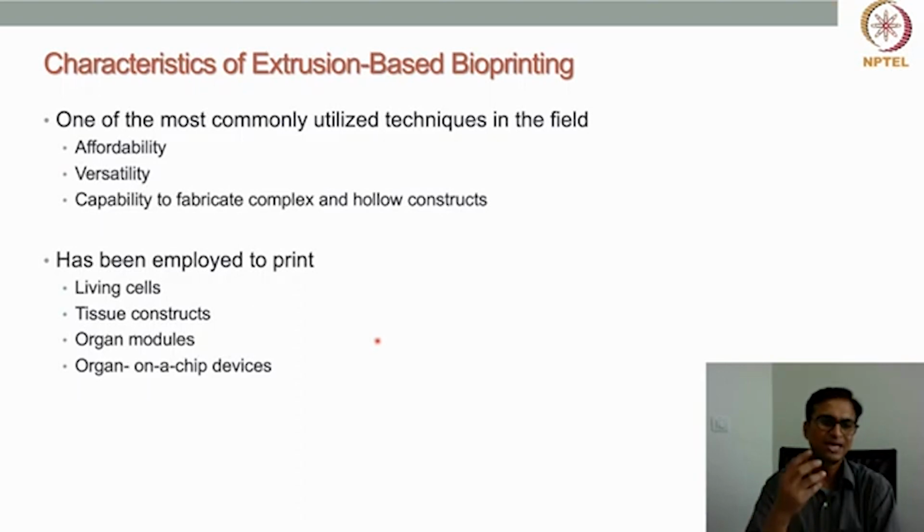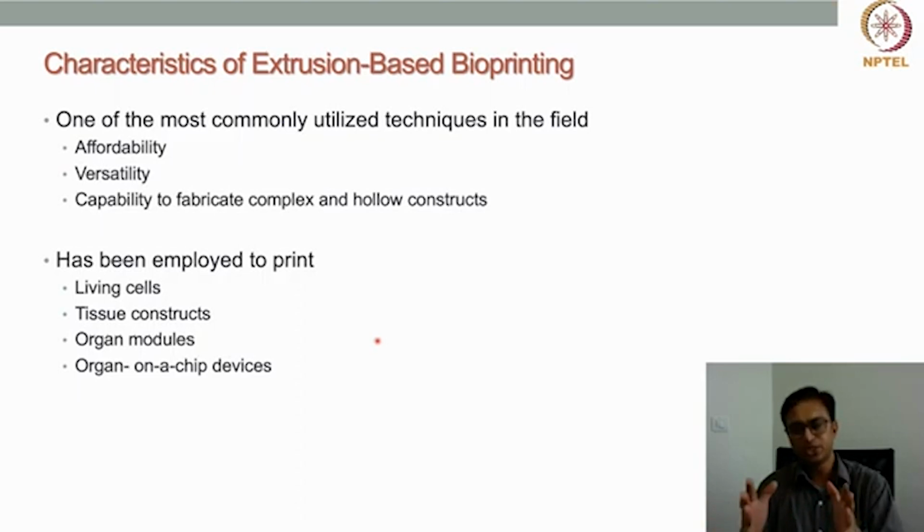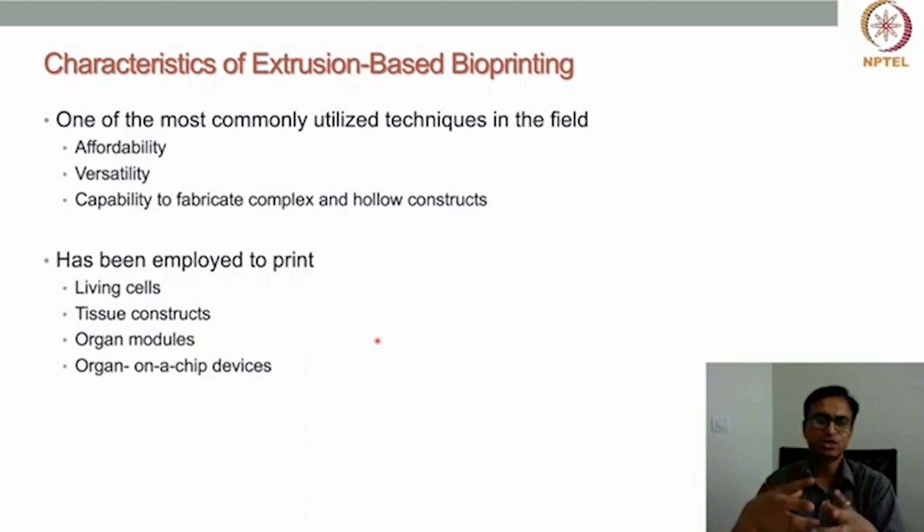We can also use more than one nozzle at a time, two or three nozzles simultaneously, to fabricate complex constructs. Hollow constructs can also be printed, because we can create the hollow structure.